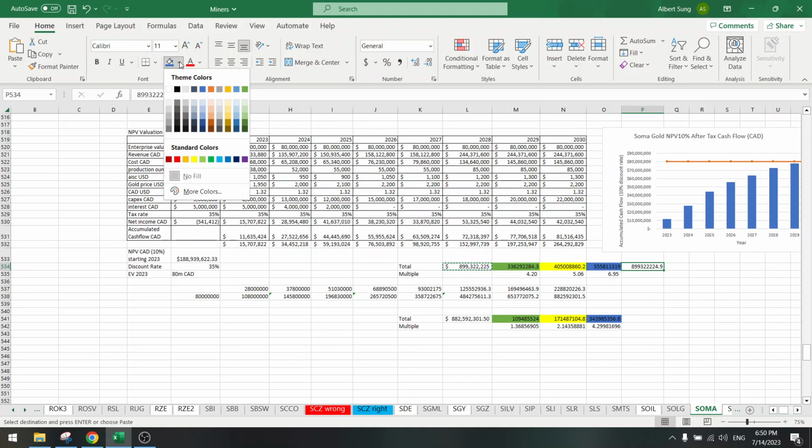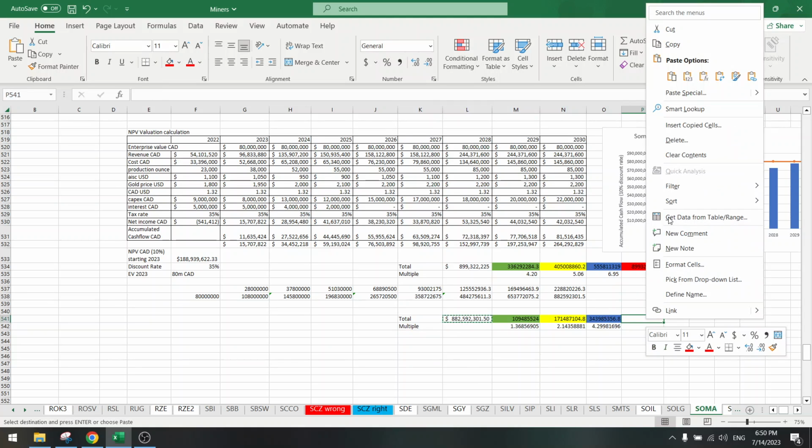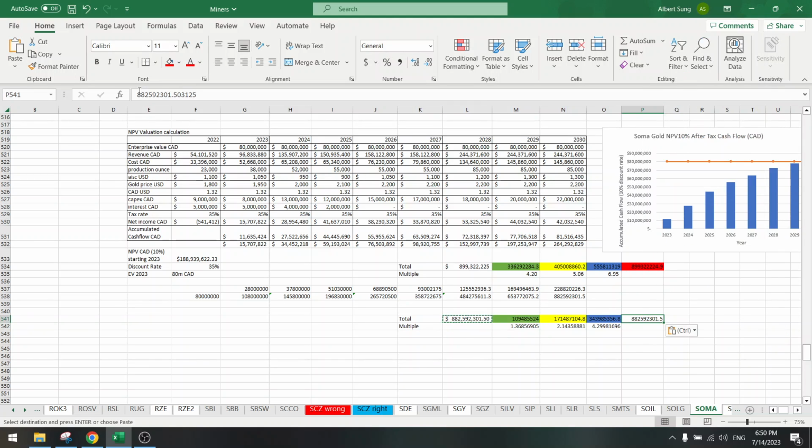Let's make this red. And here, look at this. We similarly have 900 million. So this is this divided by this, and this is this divided by this.